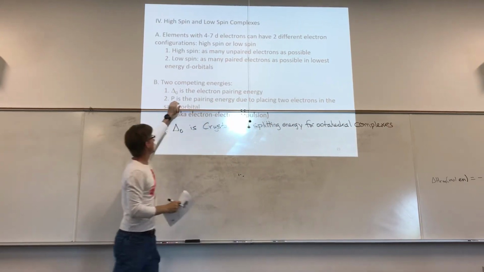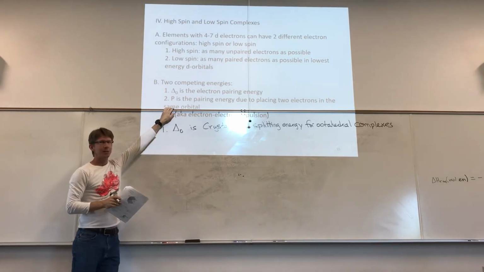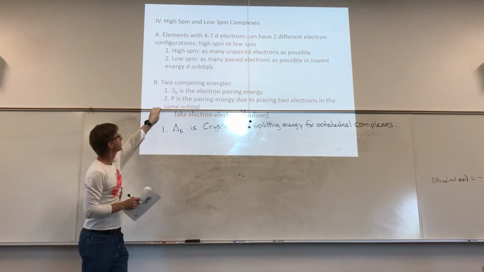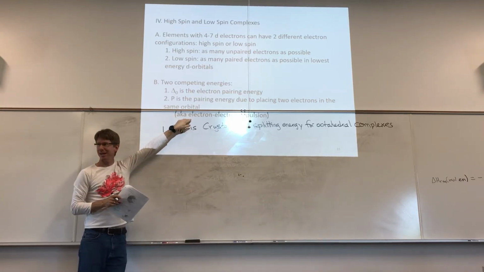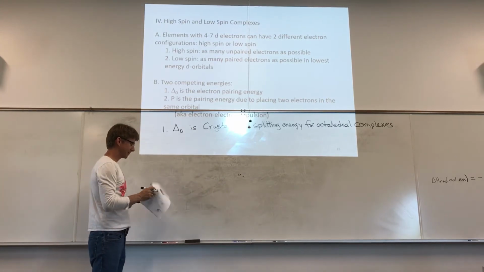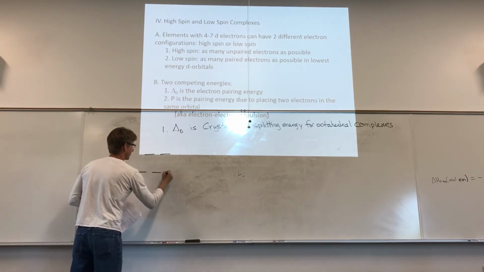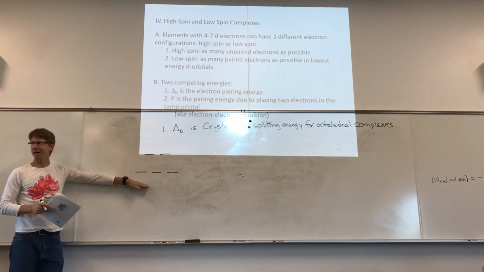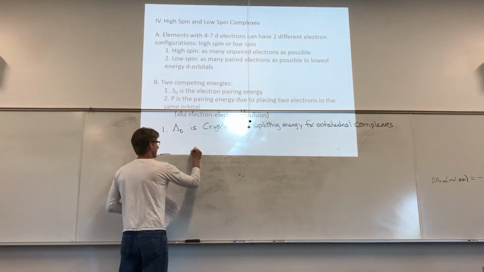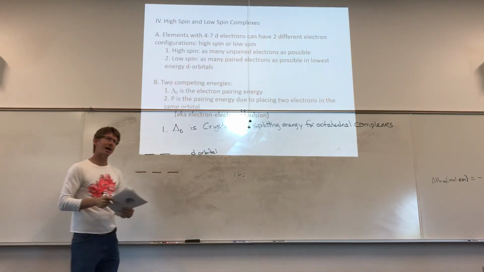So please fix that. I apologize. P is the pairing energy due to placing two electrons in the same orbital, aka electron-electron repulsion. Okay? And if this is the layout for the octahedral, so this is the d orbital splitting for octahedral complexes.